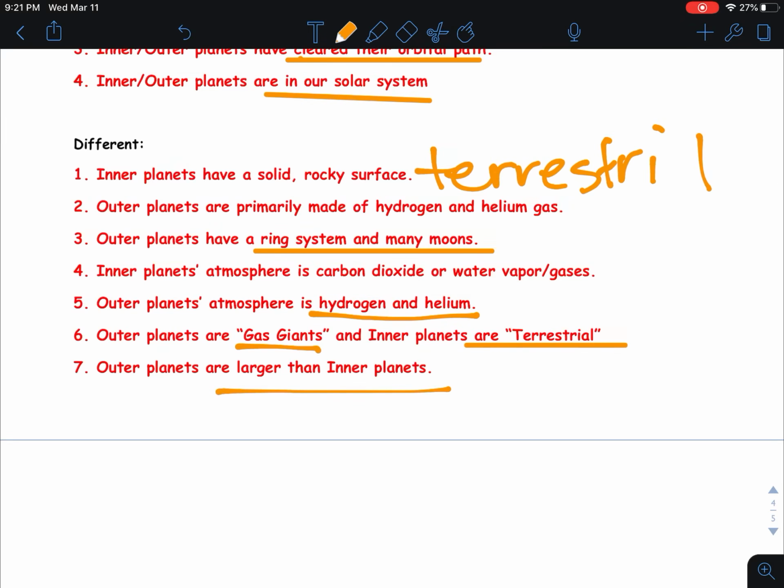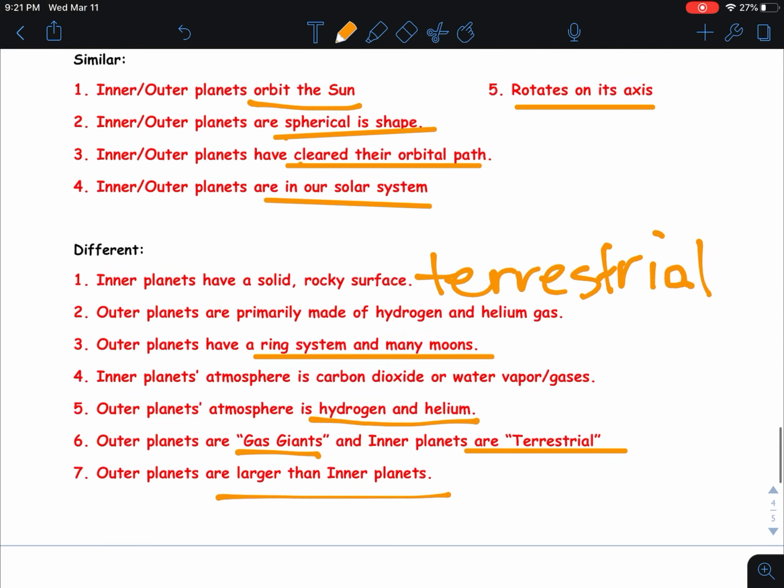You may have a variety of ways that these inner and outer planets are similar and are different. This is just a few that I came up with. You are going to need to be able to differentiate between the inner and outer planets, a characteristic and how it might apply to an inner planet, or how this particular characteristic indicates it's an outer planet.